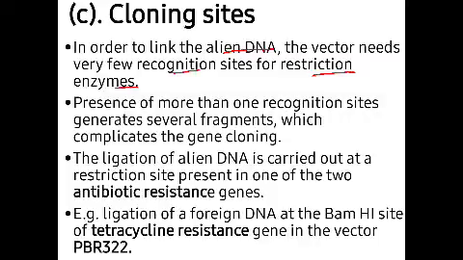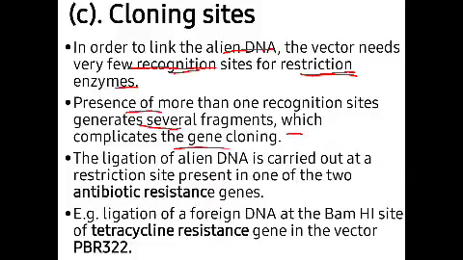Okay, थुप्रो recognition sites हरु चाहिँ हुनु भएन, only single recognition sites हुनु पर्छ for this restriction enzymes. अब किन चाहिँ single recognition sites चाहिँ हुनु पर्छ भन्दा, because if there is the presence of more than one recognition sites, then this will generate several fragments which complicates the gene cloning. जति बेसी fragments हुन्छ त्यति बेसी complications हुन्छ gene cloning को लागि. यो complications नआओस् भनेर चाहिँ only single recognition sites मात्रै हुनु पर्छ for restriction enzymes, जहाँनिर चाहिँ restriction enzyme ले आएर चाहिँ त्यो segment लाई cut गर्छ र त्यहाँनिर desirable alien DNA will be inserted.